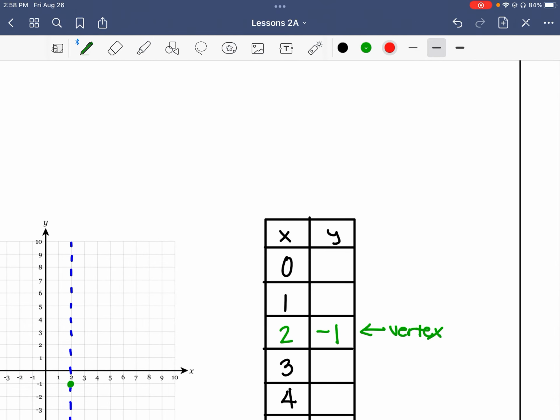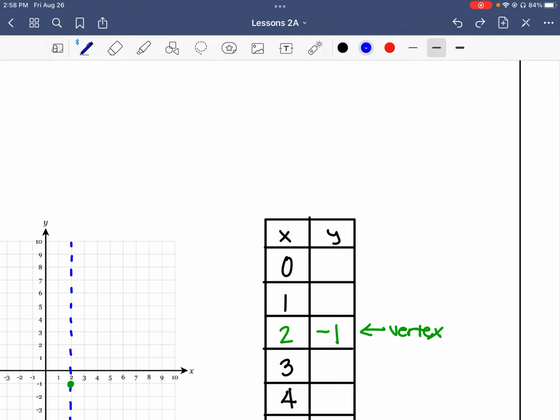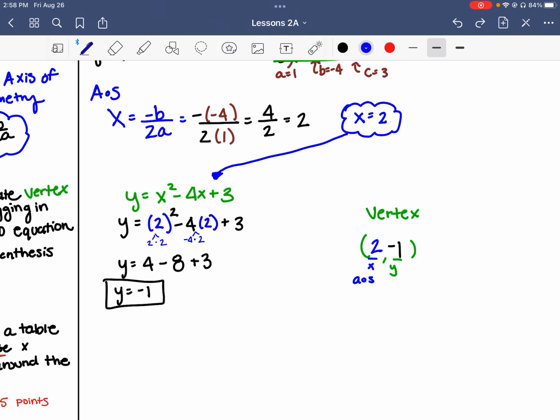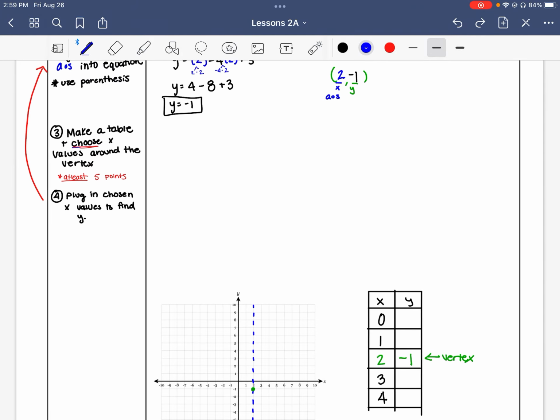Remember that when we found the axis of symmetry, the way we got the y value is we plugged it back into the equation. We're going to have to do that all over again with all of our values, okay?